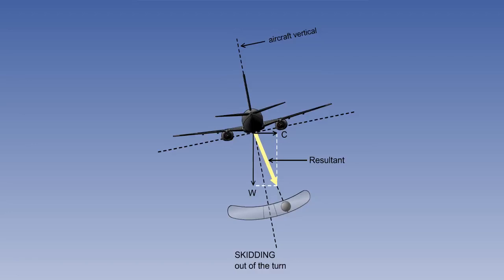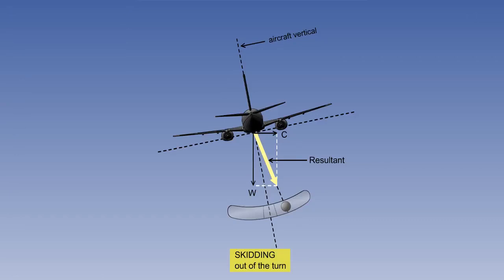However, if we assume that the TAS and the rate of turn have remained the same as for the balanced turn, the force of gravity and centrifugal force experienced will not have changed either. What has happened is that the tube, and therefore the aircraft, has moved relative to the ball. We can say, therefore, that a skidding turn results from too little bank, and the ball in the slip indicator will appear to move in the opposite direction to the turn.